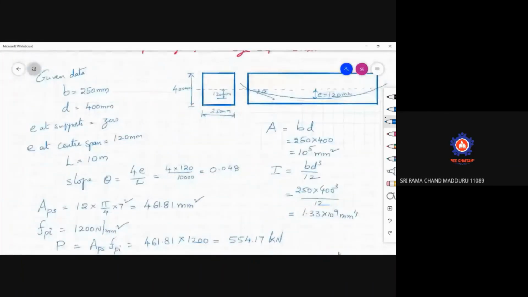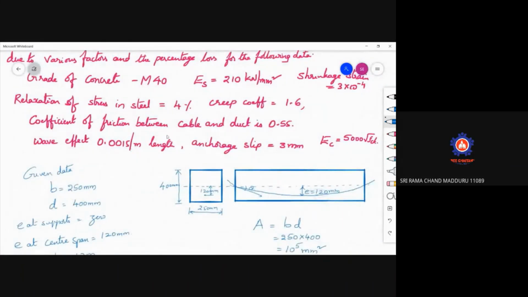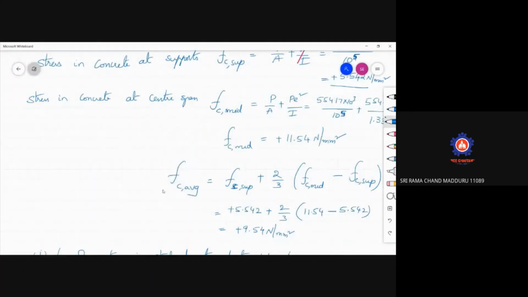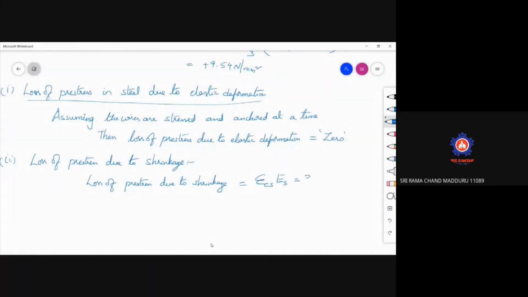Check the question. The shrinkage strain epsilon Cs is 3 into 10 power minus 4, which is given, so we can directly take that. So this is 3 into 10 power minus 4 into Es, which is 210 into 10 cube Newton per mm square, giving 63 Newton per mm square. This is the loss of stress due to shrinkage in concrete. So the first loss is 0, the second one is 63 Newton per mm square.